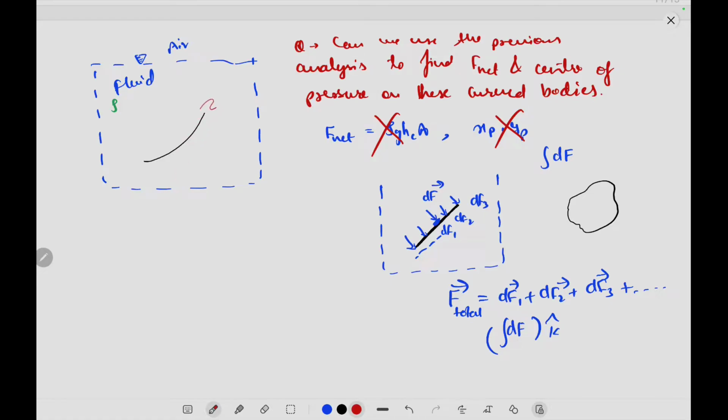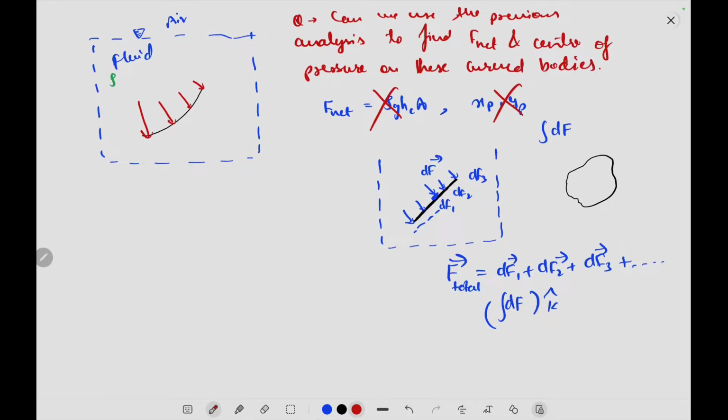So the force vectors would look something like this, and this, and this, and this. So you can see clearly that this force vector and this force vector and this force vector all have different directions. So we cannot simply integrate over dF.